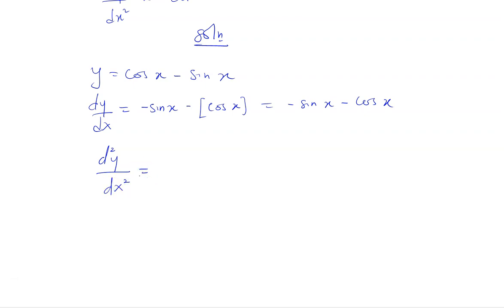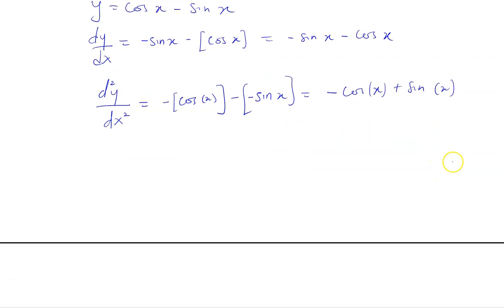And with this, what do we get? The first one is sine x. Sine x will basically give us cos x, and cos x is going to give us negative sine x. So at the end, you are going to get minus cos x plus sine x.